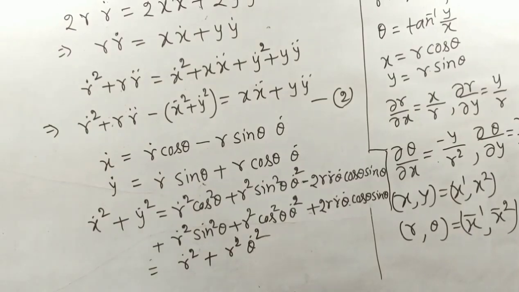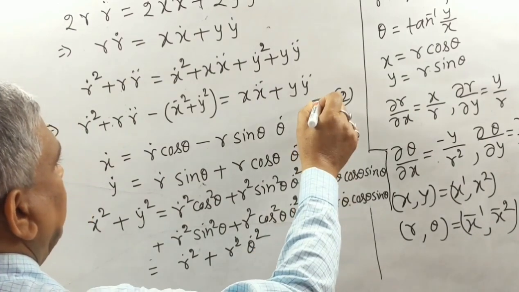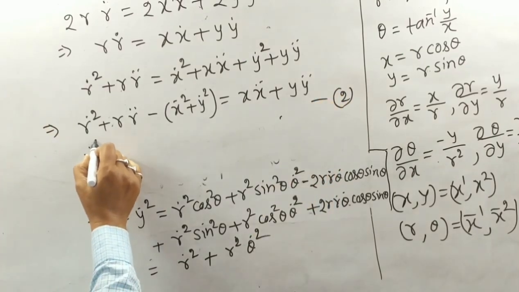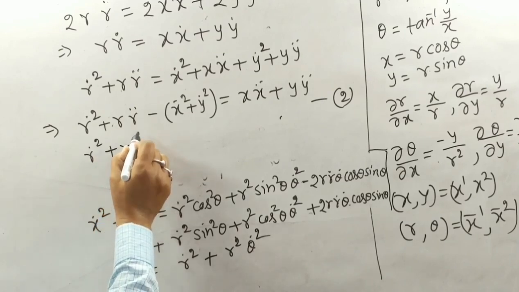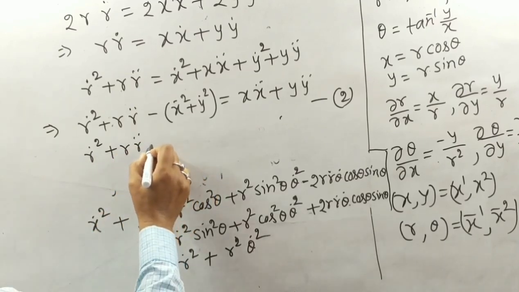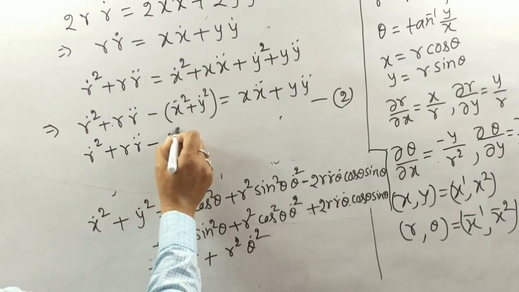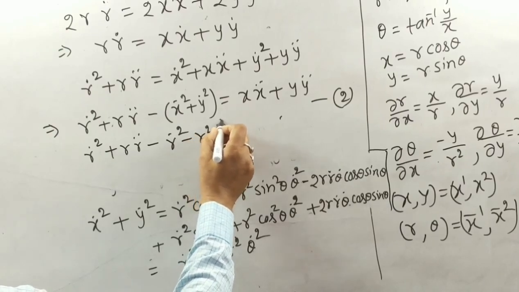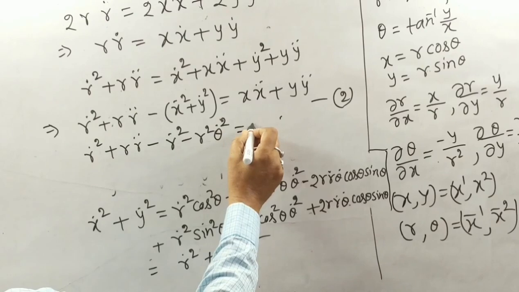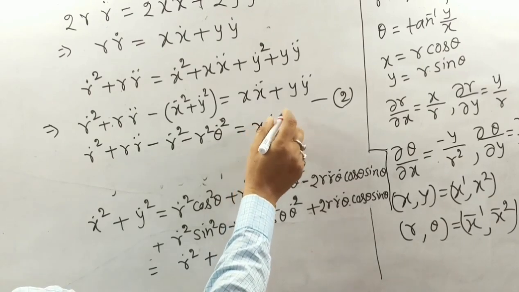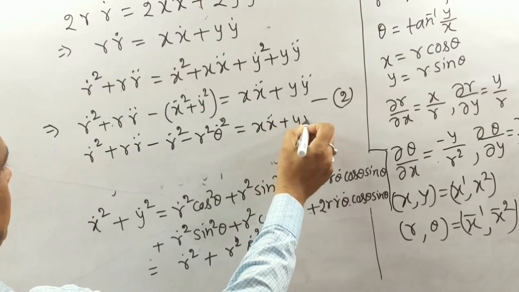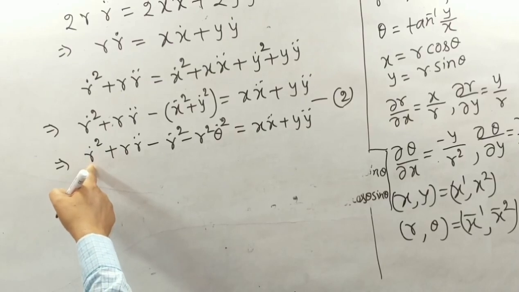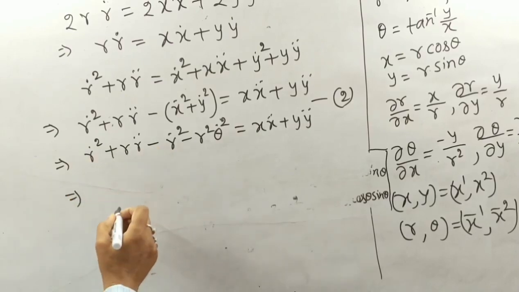If we put this result in equation 2, we get r dot square plus r r double dot minus r dot square minus r square theta dot square equal to x double dot plus y double dot, which implies that r dot square and r dot square cancel with each other.